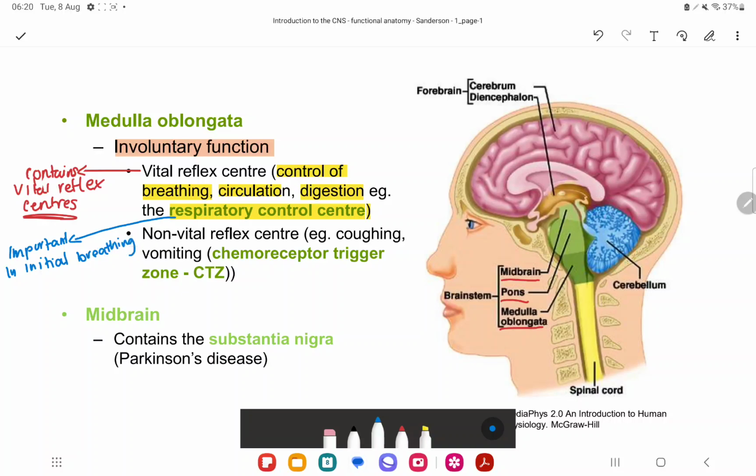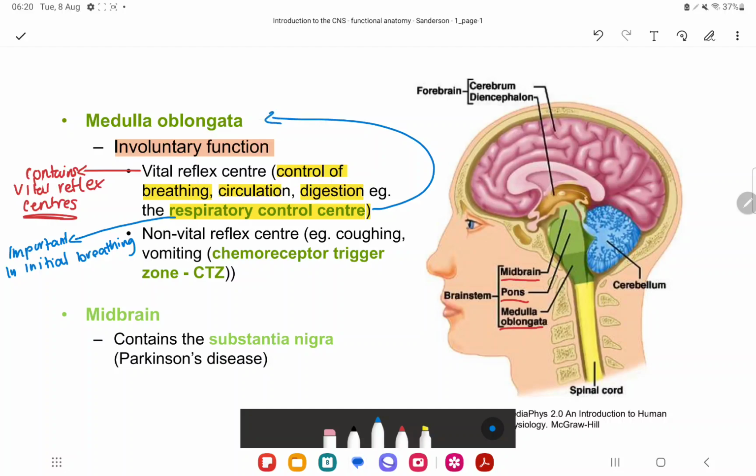The reason we know the respiratory control center is contained in the medulla oblongata is because, going back to this, this is where involuntary function happens. So this is in the medulla oblongata, the respiratory control center.